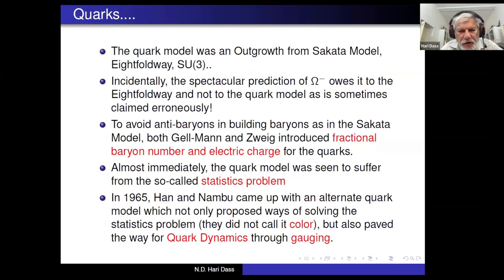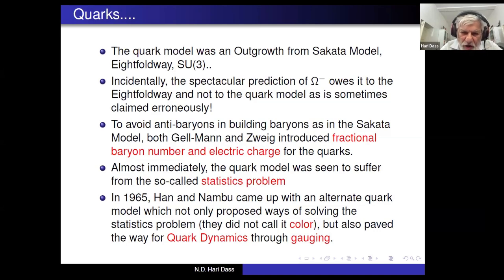Now let me go a little bit deeper into the quark model. The quark model was an outgrowth from the so-called Sakata model, eightfold way, SU3, etc. Incidentally, the spectacular prediction of the omega minus owes it to the eightfold way and not to the quark model, as is often or sometimes claimed erroneously. The Sakata model needed anti-baryons even to build baryons, and to avoid this, Gell-Mann and Zweig introduced fractional baryon number and fractional electric charge for the quarks.